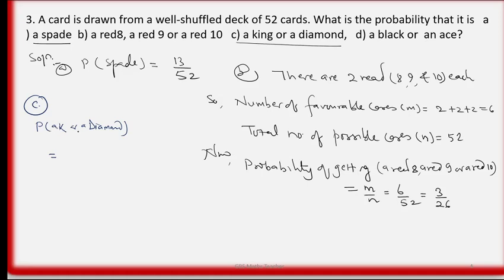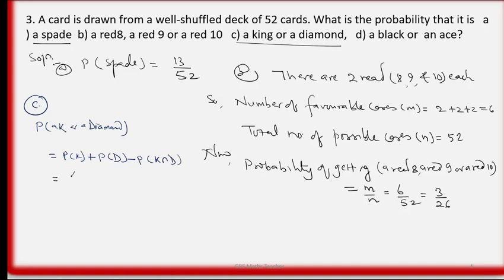That means we also get the intersection, that's why it is a king or a diamond. Probability of finding a king plus probability of finding a diamond minus probability of finding king intersection diamond. In this way we can solve this question.